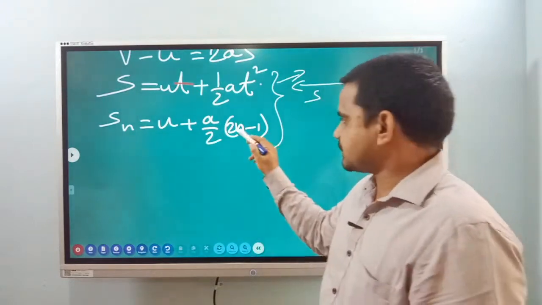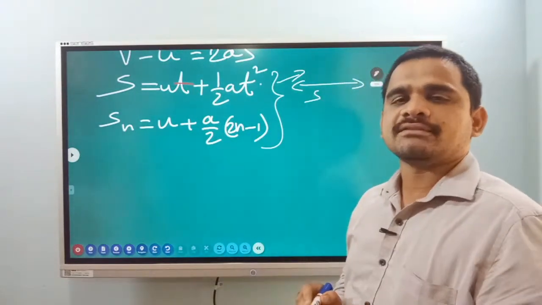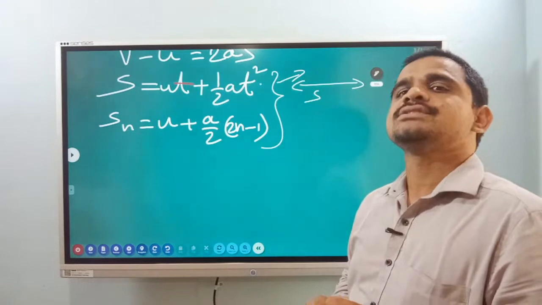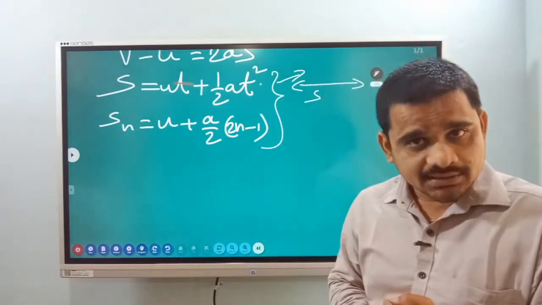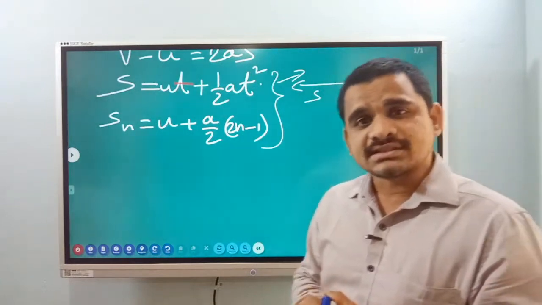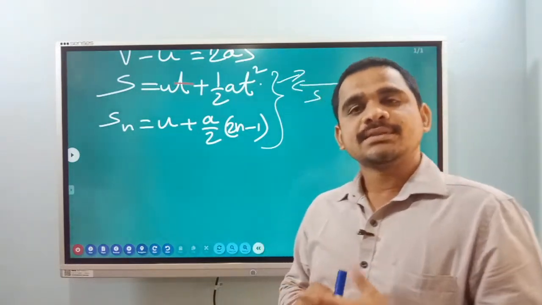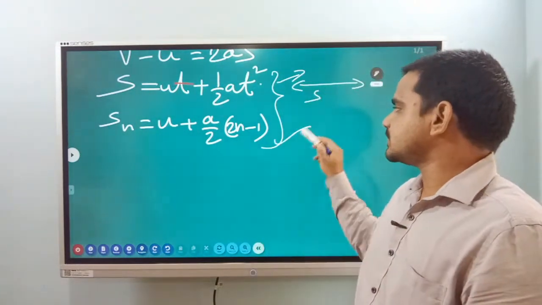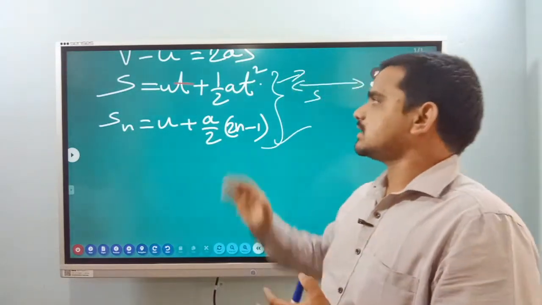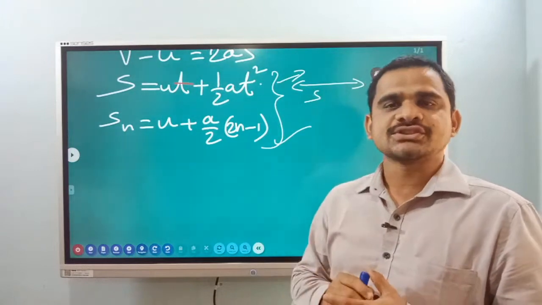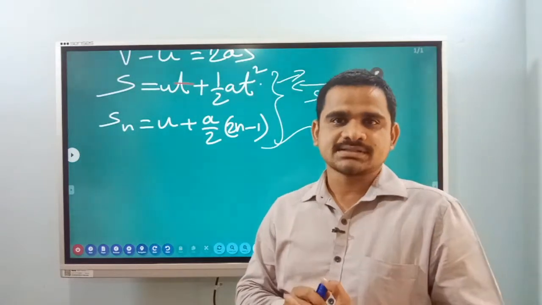Whereas this one is the distance traveled in the nth second, means what is the distance traveled in the third second, the fourth second, the fifth second. In that situation we go for this. Understood here? So these are the expressions which are very useful for us.